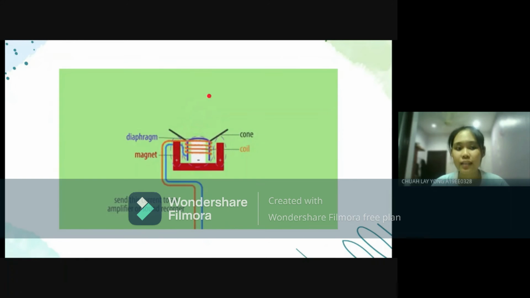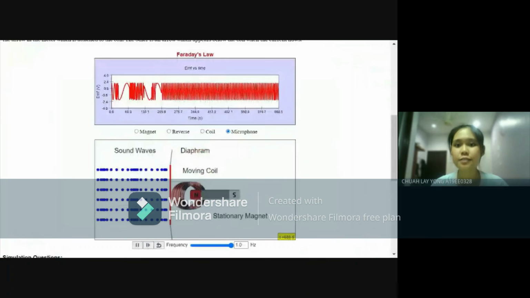The louder the sound, the more the vibration and movement of the coil, and hence the greater the current induced. Also, when the frequency of the sound is higher, the frequency of the AC current induced will be higher as well.